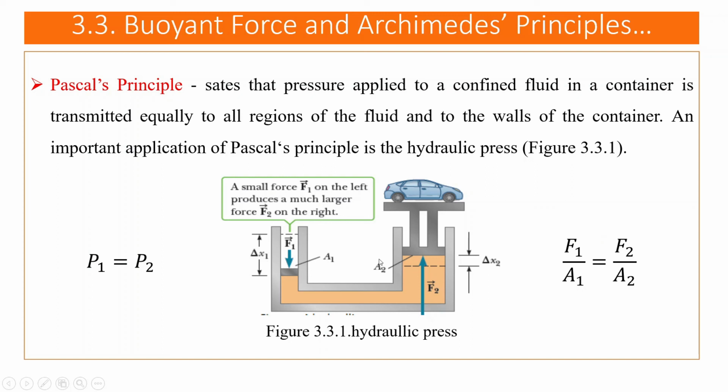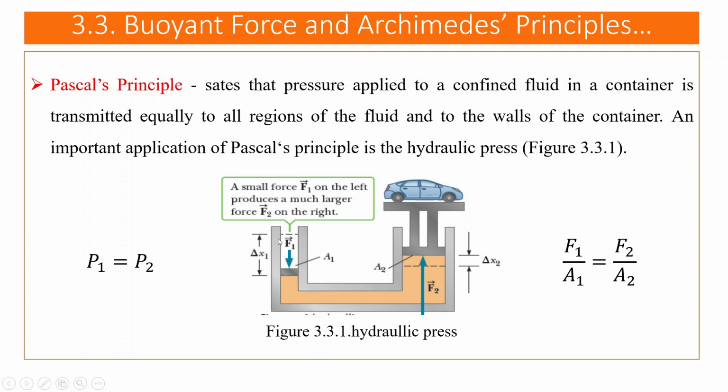The other one is, if you want to easily find change in x2, you will be given change in x1. The value that you need to consider is the volume. The volume of the displaced fluid in this direction is the same as the volume displaced in the other direction.